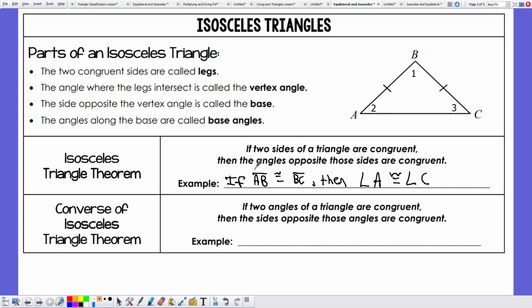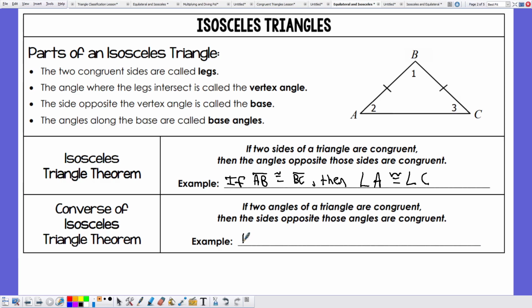The converse of this theorem, the reverse direction of this theorem, states that if two angles of a triangle are congruent, then the sides opposite those angles are congruent. So this is just the reversal of the first theorem.